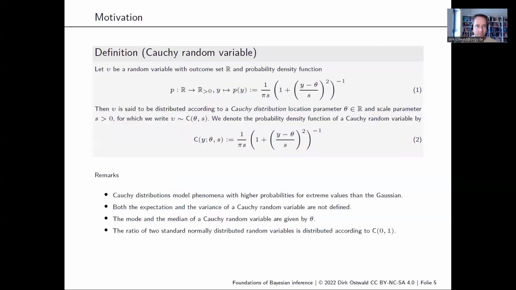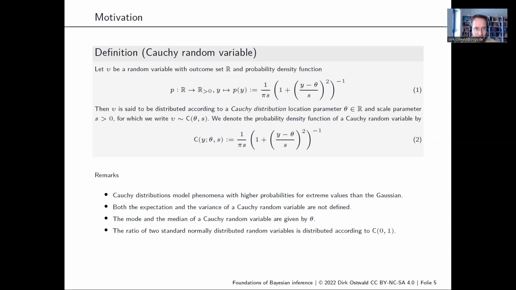What's the motivation? And the motivation here comes with a new random variable that you might not know. At least for me, I haven't really dealt much with Cauchy random variables. However, they exist.